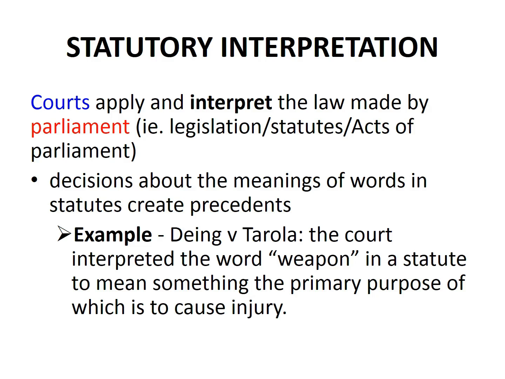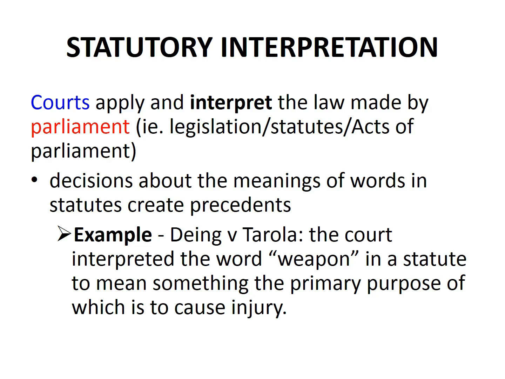This is a binding precedent for lower courts in the Victorian court hierarchy, such as the Magistrates' Court and the County Court. That is, when these courts are interpreting the word weapon in the Victorian Control of Weapons Act, they must interpret it as meaning something the primary purpose of which is to injure another person.